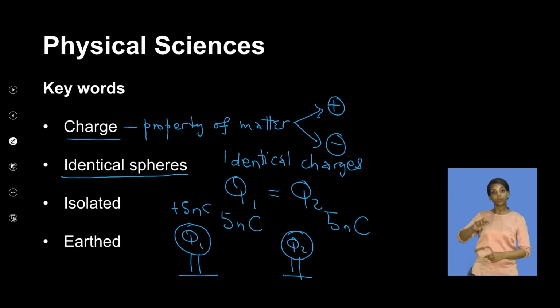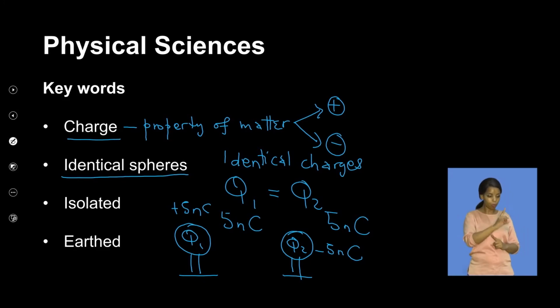And then this Q2, let's say it's negative 5 nanocoulombs. What does that mean? It means that on this sphere, there is an excess of negative charges, which are the electrons, whose magnitude is negative 5 nanocoulombs. What does that mean? It says that electrons were added to Q2 to create this charge Q2, while electrons were removed from Q1 to create that charge of positive 5 nanocoulombs.